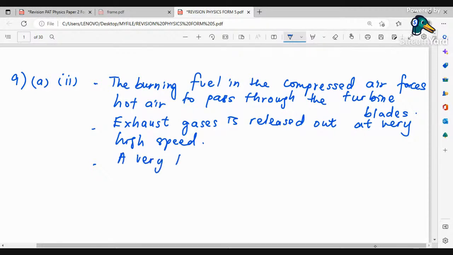A very large backward momentum is produced. The hot gases release at high speed, of course it will produce high momentum of hot gases, backward momentum.